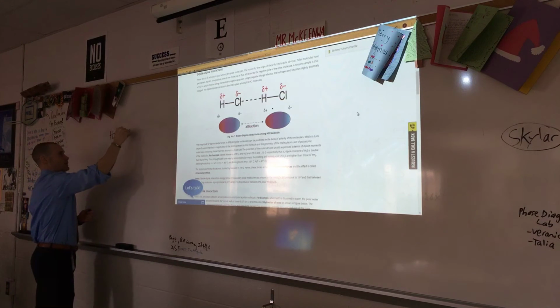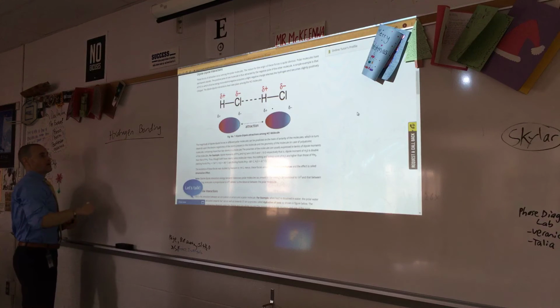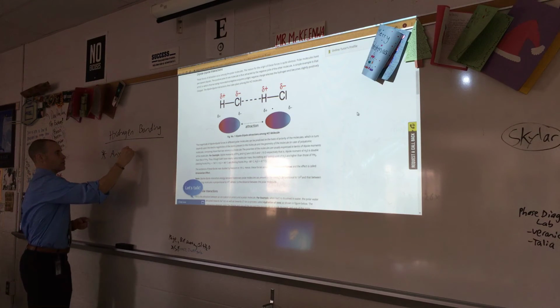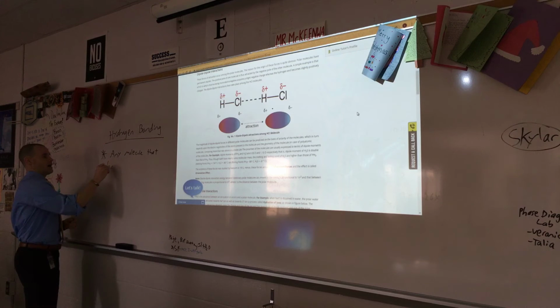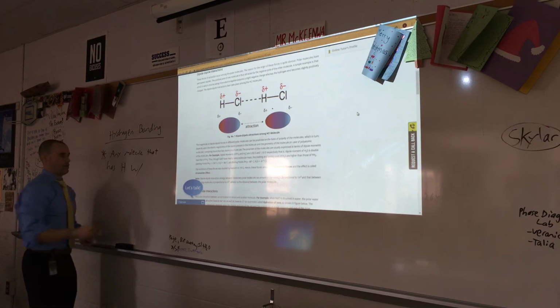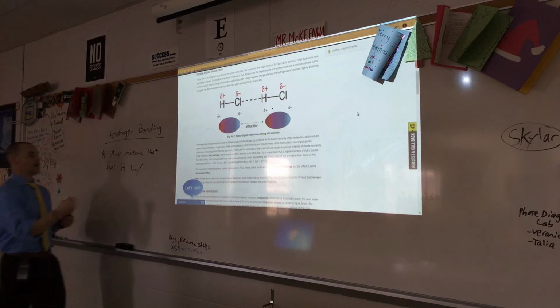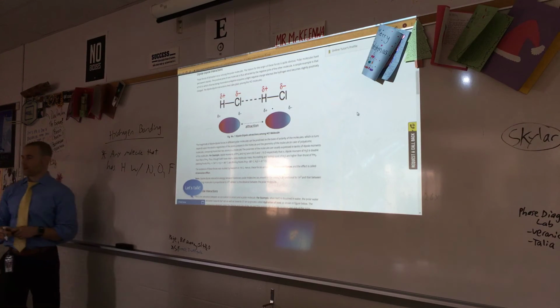And this is the strongest of the three. Hydrogen bonding. This is any molecule that has H with, so any molecule that has hydrogen with nitrogen, oxygen, or fluorine.